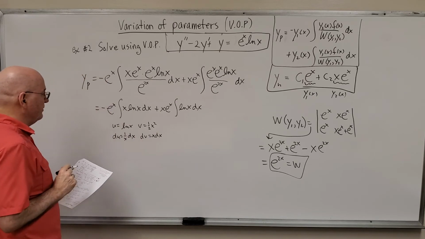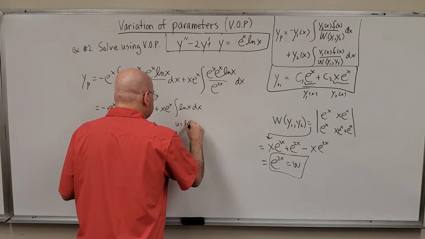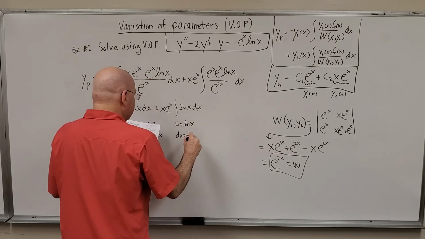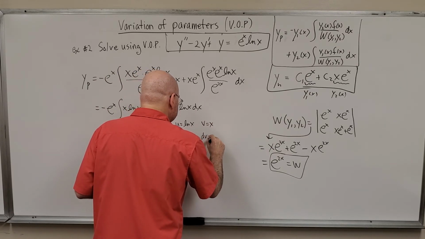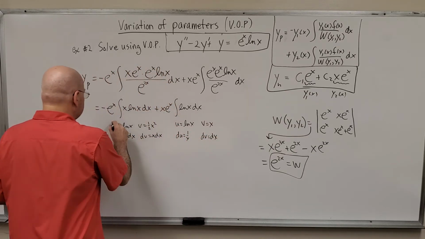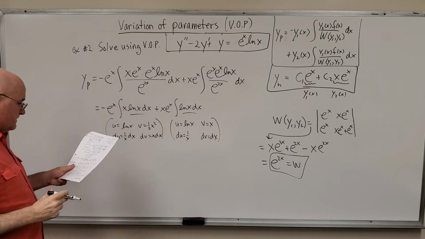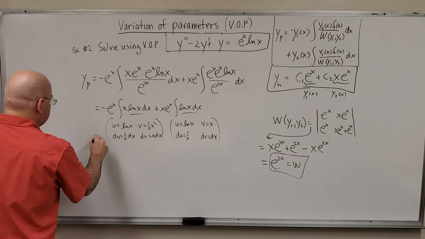That's for the first integral. For the second integral, we'll let u equal ln x, du equals 1 over x, v is going to be x, and dv is going to be dx.